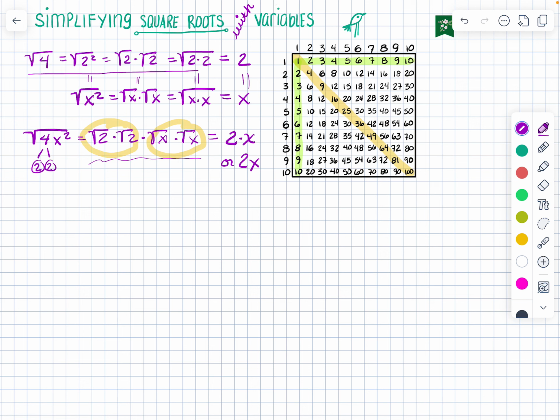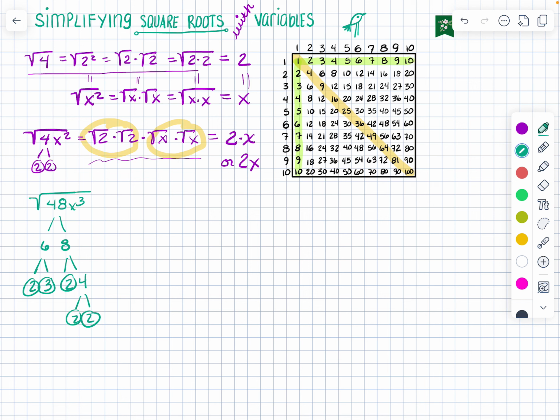So let's do something a little more complicated. Let's do the square root of 48x cubed. Okay, the first thing we're going to do is find the primes. We're going to factor out 48. 48 is 6 times 8, and 6 is 2 times 3, and 8 is 2 times 4, and 4 is 2 times 2.